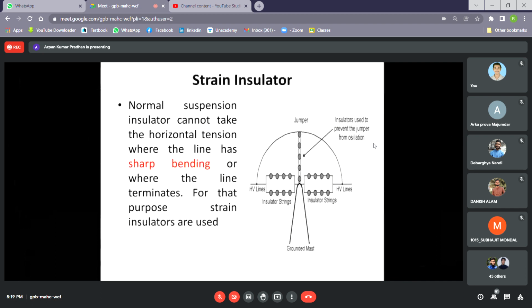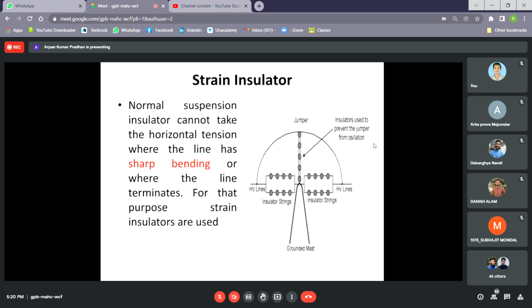Look, there is a tower. Suppose a transmission line has come from the east side. Just try to understand. And again it will go to the south side. So there is a 90-degree bend because it is coming from the east side and going to the south side. When it is coming from the east side, it will end at the tower. Again from the tower there will be another transmission line which will go to the south side.